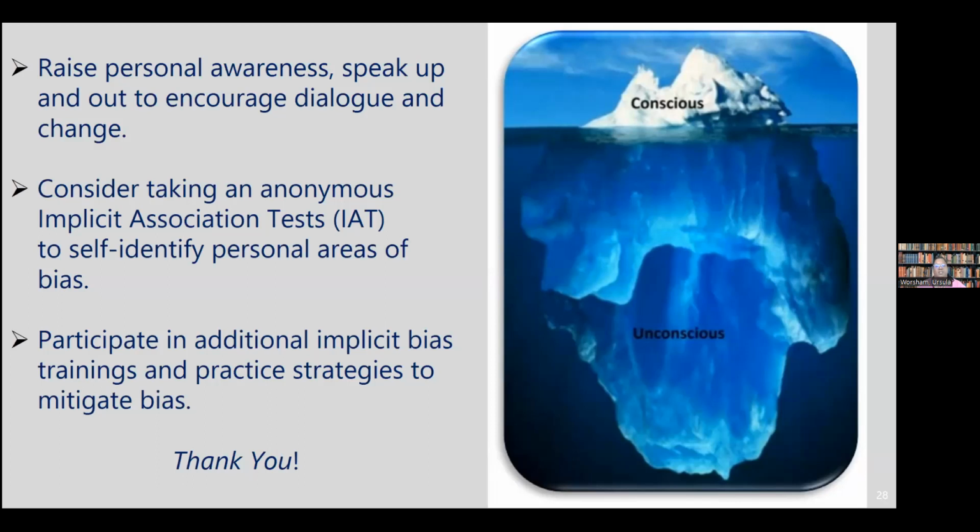Consider taking an implicit association test, once again, in the comfort and safety of your own space, to be aware of what bias you may be bringing to the table that you're not aware of. And then, of course, continued engagement in implicit bias trainings, but also implement and practice. It could be one strategy at a time to help mitigate bias, to ensure that we're doing all that we can to make UCI a place that people want to belong and to come and to thrive.